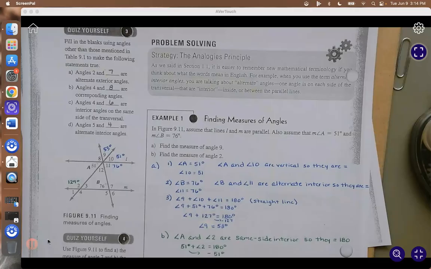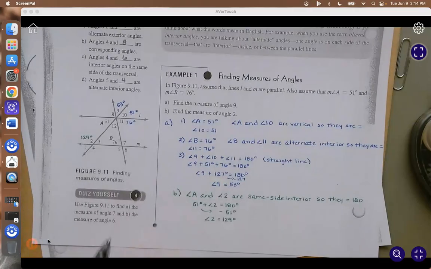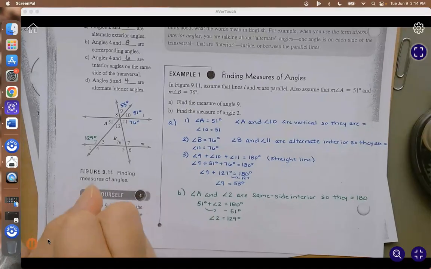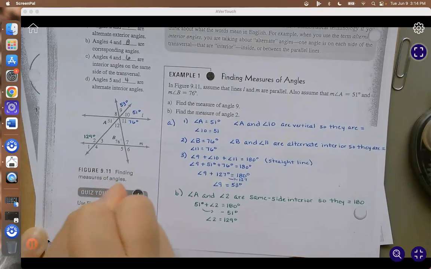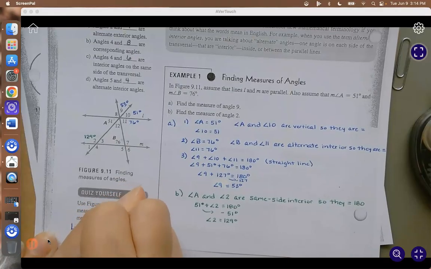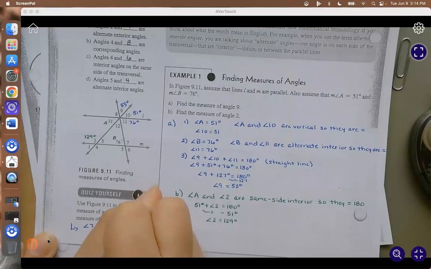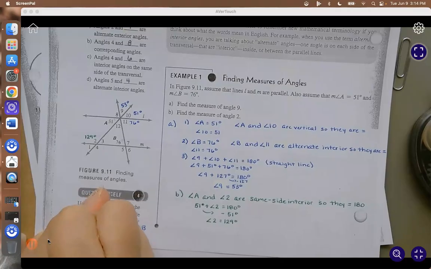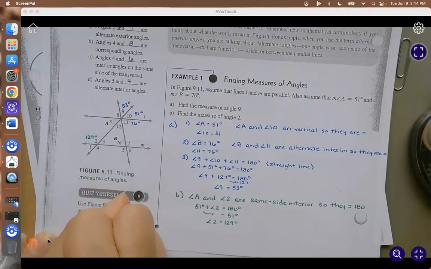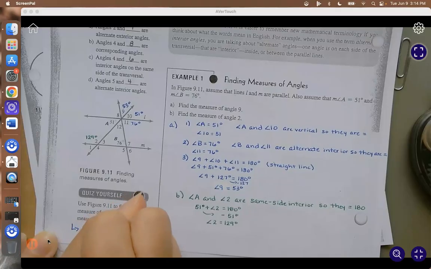Now, look at the quiz yourself. Look at this again. Find the measure of angle 7 and the measure of angle 6. All right, so we're going to come right here and say angle 7 is supplementary to angle B. Okay, so angle 7 plus 76 degrees equals 180.